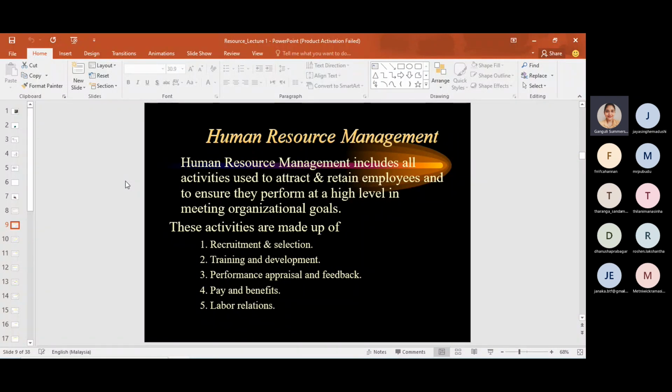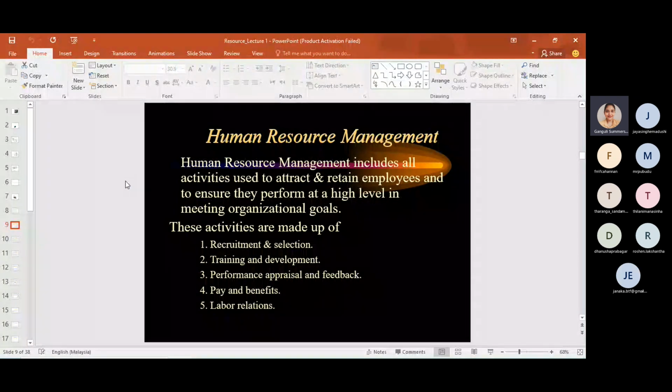You have to make sure that all the people in your workplace perform at a high level, which means high performance. We have to make sure that all the people are performing well in our organization.